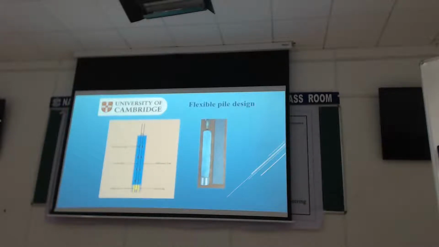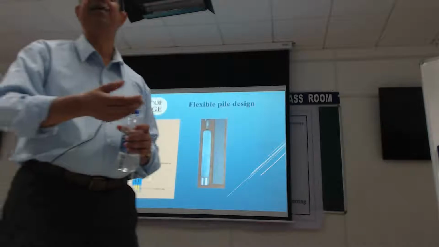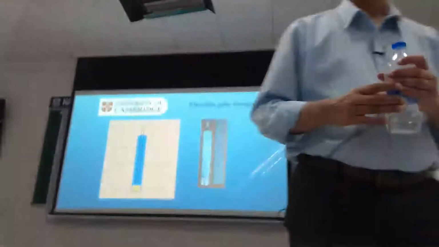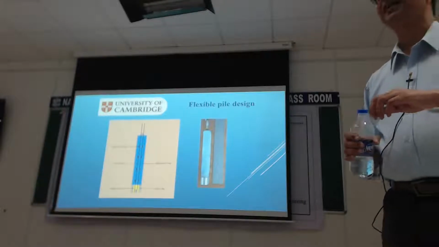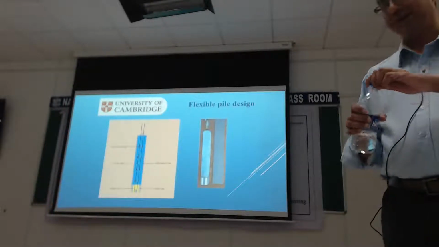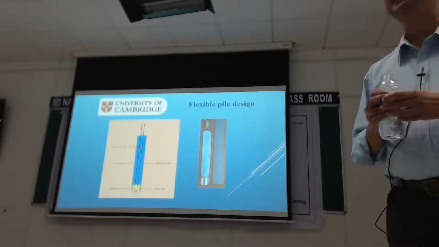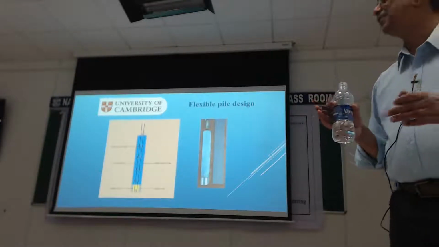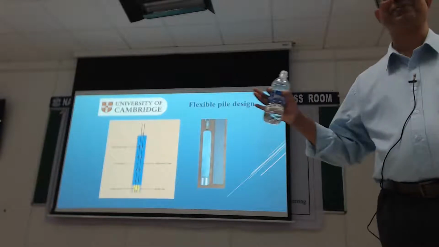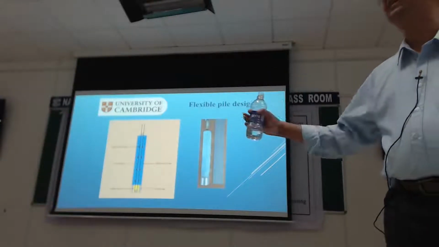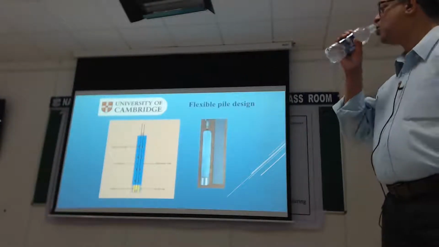But if we made individual piles, it would cost me an arm and a leg just to buy the strain gauges. Although the gauges are about 20 pounds each, every time they need to be strain gauged, the labor to get them fixed by an electronic technician in the UK is about 800, 900 pounds per pile. So I wasn't prepared to spend that. I can spend once, but not 10 or 15 times.